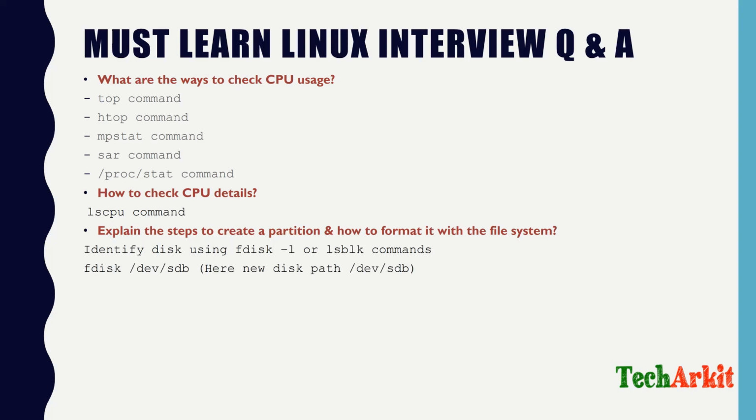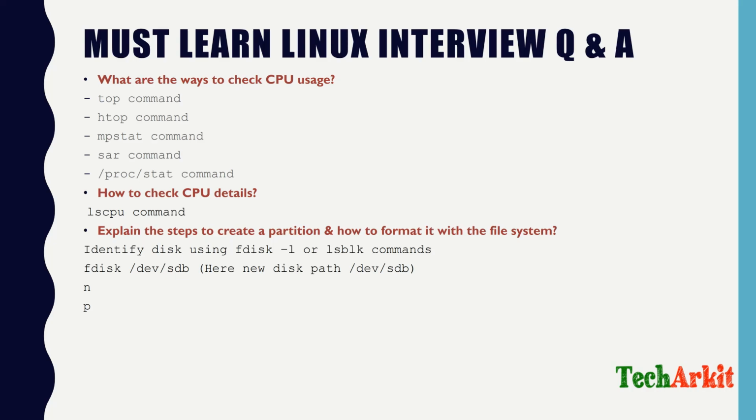Then you have to enter into the fdisk utility using fdisk and the device path, for example /dev/sdb. That is the new disk path of sdb. After entering the fdisk utility, press n for a new disk partition, and press p for a primary partition, e for an extended partition.